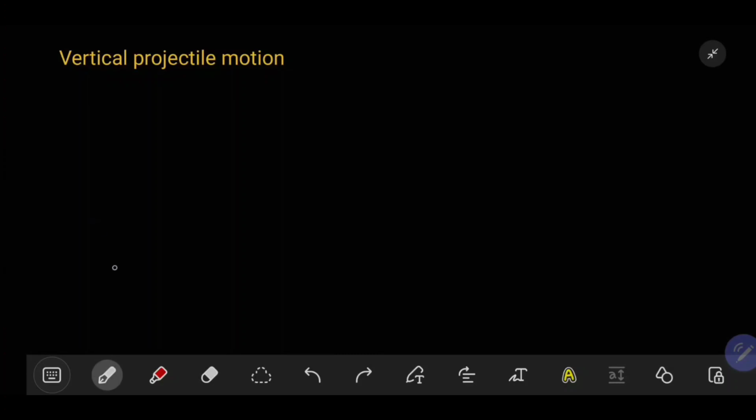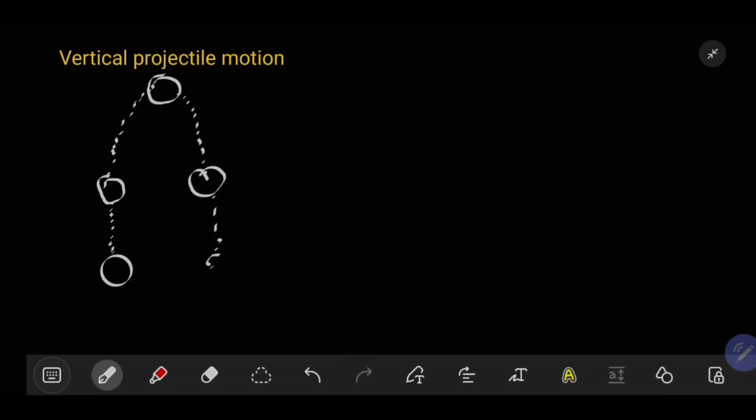All right. So if we have a ball here, and this is our initial position, this is the motion of the ball. You throw the ball vertically upward, then this is the ball at this stage, and the ball will reach a height here where it changes direction and then comes back to the reference point.